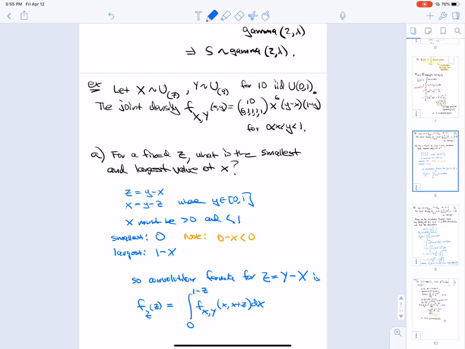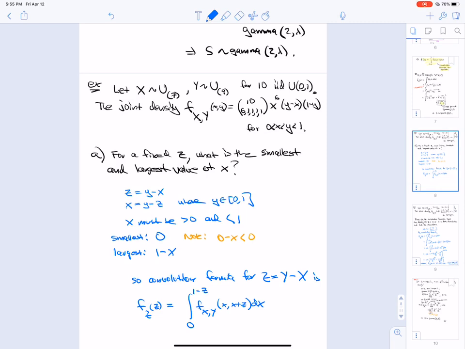Furthermore, if x is the 7th order statistic and y is the 9th order statistic for 10 IID standard uniforms, we saw before the joint density is 10 choose 6, 1, 1, 1 times x to the 6, y minus x, 1 minus y.